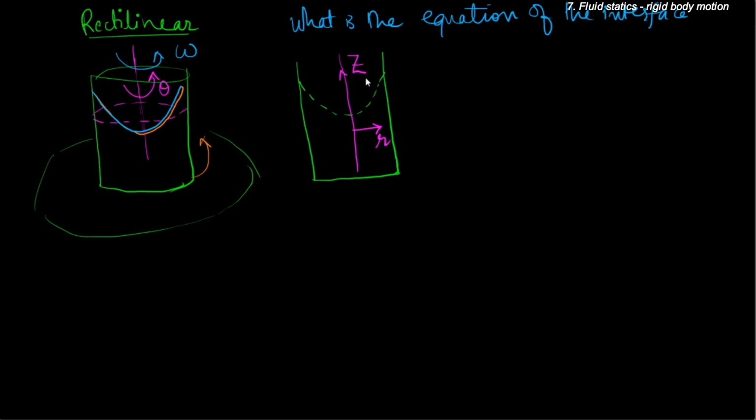So now we have to rewrite the equations of motion in the rz coordinate system. Once again, for any point we can write dp as del p del r dr plus del p del z dz. So this is the dp in a cylindrical polar coordinate system.